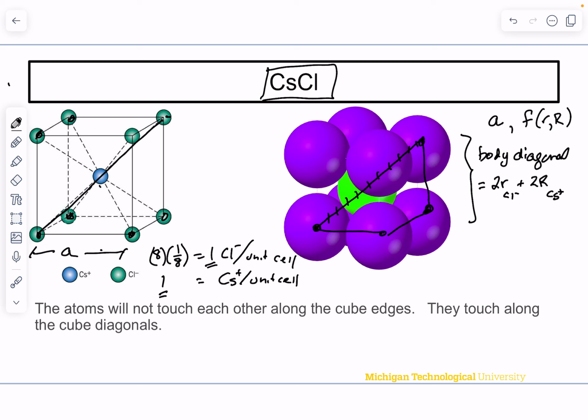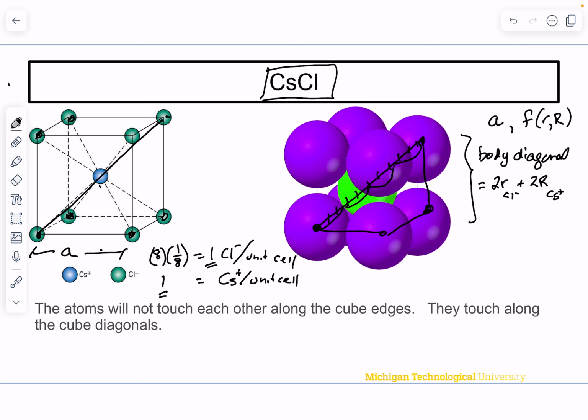The length of the body diagonal is the R here plus another R, then the same R again, and then the fourth R. In other words, relative to this colored diagram, it's 1 purple radius plus 2 green radii plus 1 purple radius.